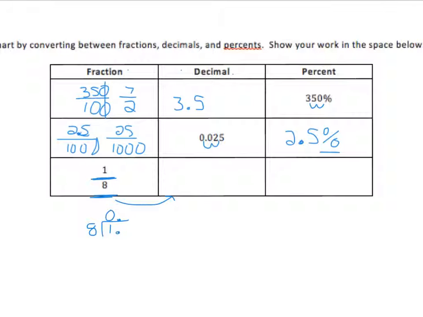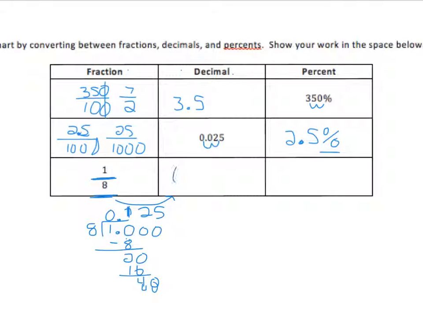We're out of numbers, so we have to put our decimal in and start adding zeros. 8 goes into 10 one time, and then we subtract, add another 0. 8 goes into 20 two times, add another 0, and it goes into 40 5 times and with no remainder.